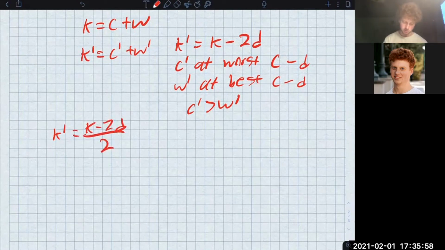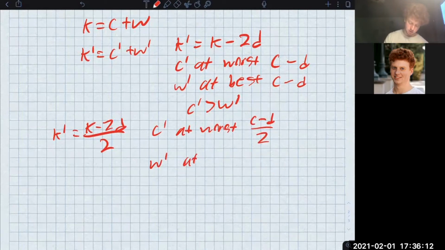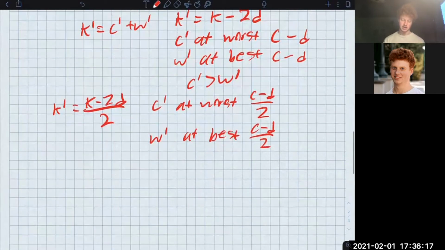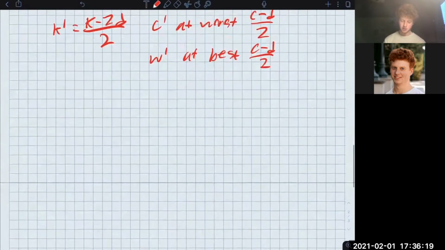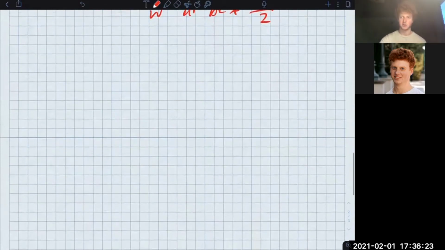Similarly, if we want to analyze C prime and W prime separately, C prime is at worst C minus D divided by 2, and W prime is at best W minus D divided by 2. Again, keeping the same inequality. So now that we have our general idea, we can go forward with the full inductive proof.